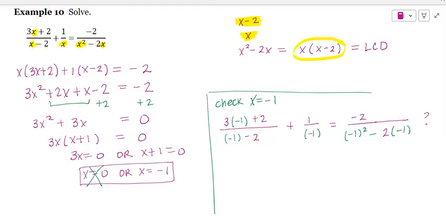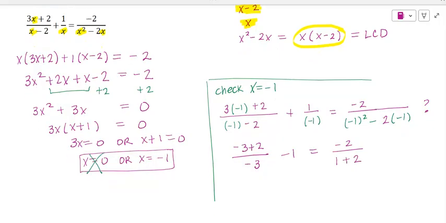All right, so let's double check. And again, we want to know whether these two sides are equal. So I'm getting negative 3 plus 2 in this numerator. Negative 1 minus 2 is going to be a negative 3. This will change to minus 1. Negative 2 over 1 plus 2.